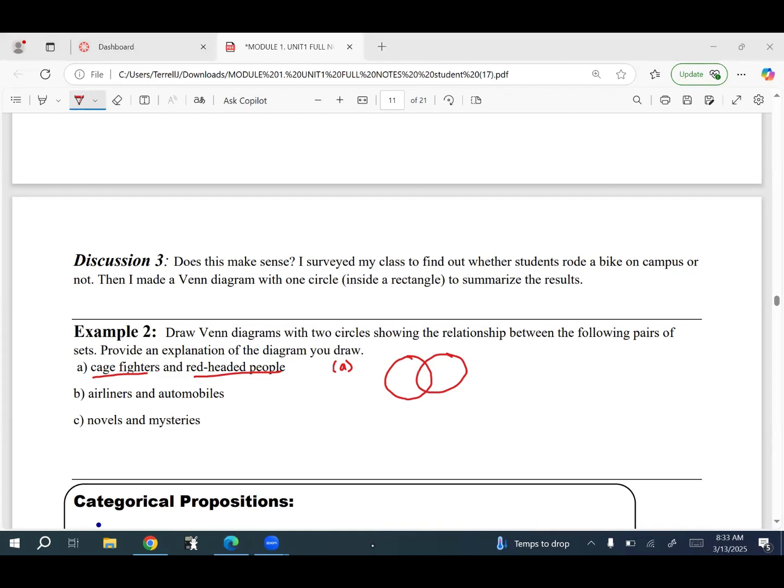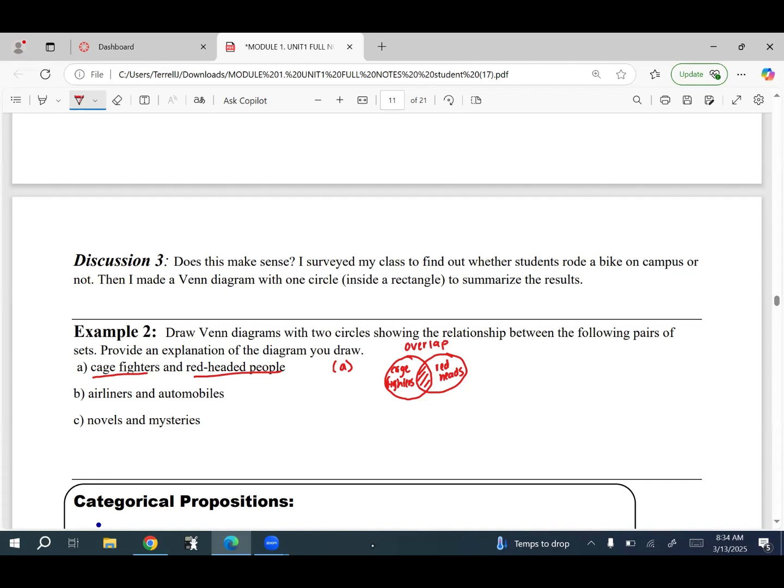And so here I'll say these are cage fighters, and these are redheads. And what this overlap piece represents is that there are some cage fighters that are also redheads, right? There's an overlap. This is overlap.